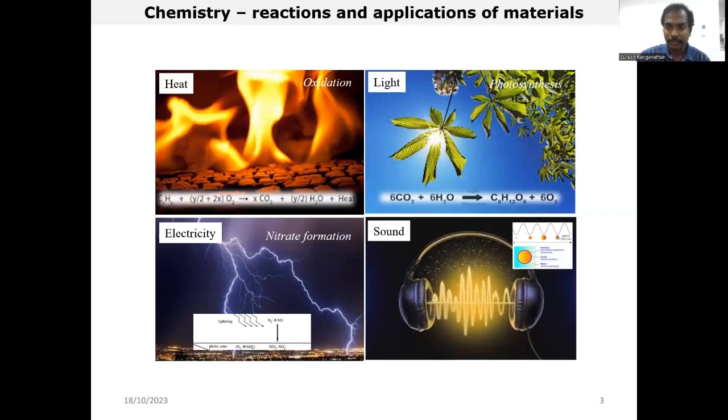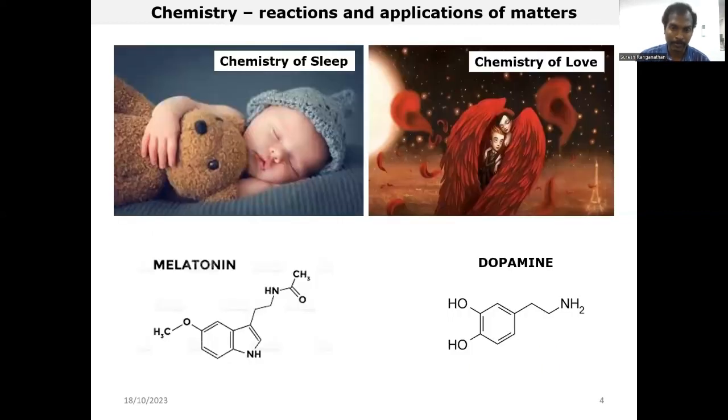So, chemical reactions not only happen in the environment, but we can also perform them in the laboratory. You might have had many experiences of doing chemical reactions, and I want to point out two more things. The chemistry of sleep. Sleep is because of chemistry, particularly due to the chemical compound melatonin. And love: the feeling of love is also because of the dopamine molecule.